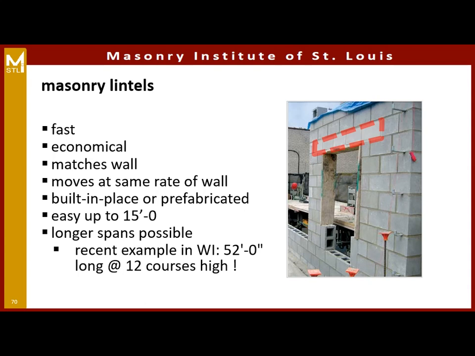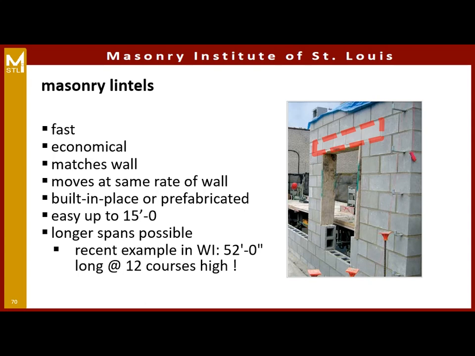Masonry lintels are pretty easy, up to 15 or 16 feet, depending on how much wall we have above the opening, so how deep our lintel can be. But we can do longer spans as well. One example we had, I believe it was in a performing arts center, our opening was 52 feet long.